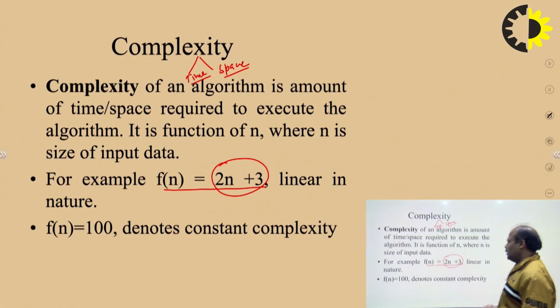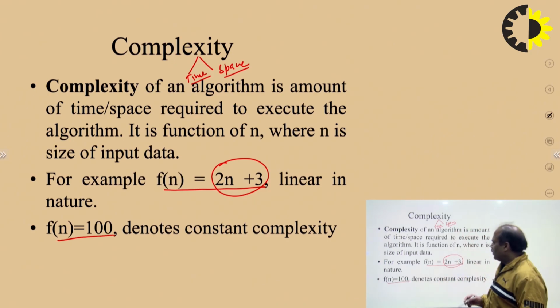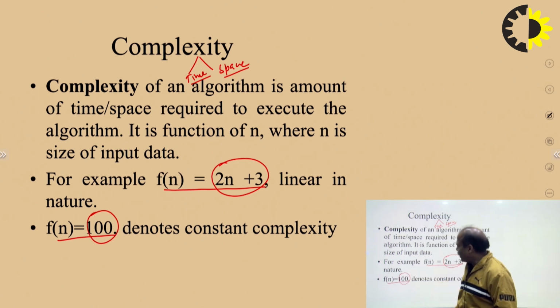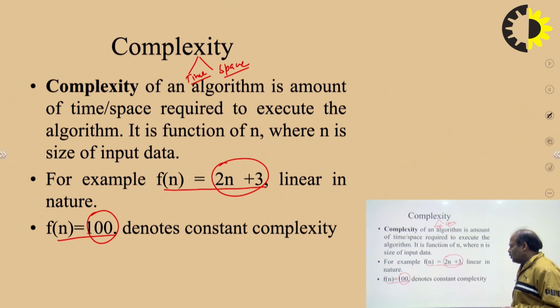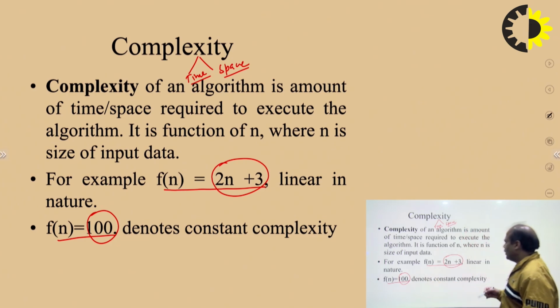Similarly, if f(n) is 100, this is constant time, so the algorithm is running in constant time. Constant means every time we get the same time.